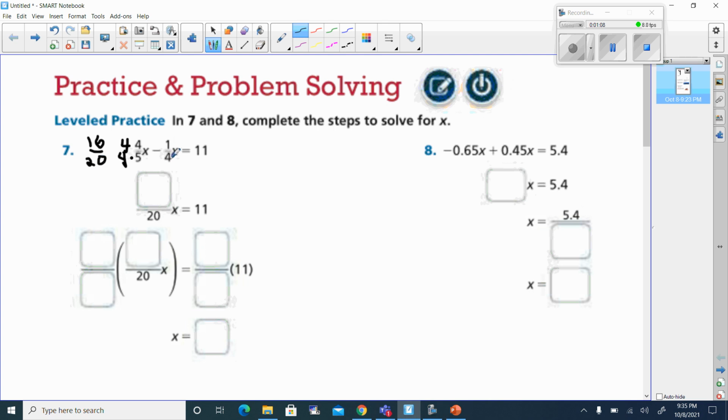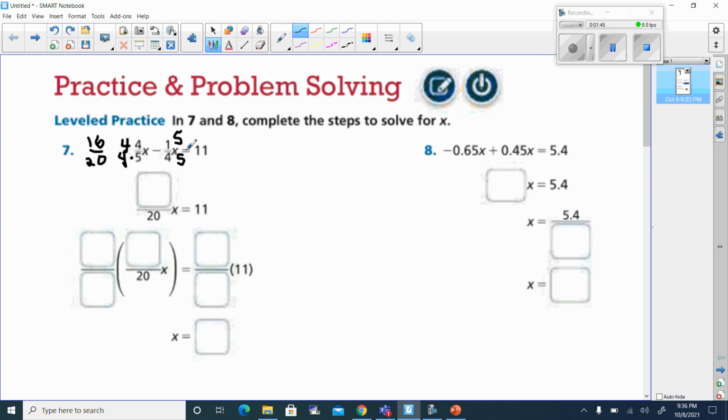And then if I multiplied 4 times 5 to get 20, I would have had to multiply 1 times 5 as well. I'm going to rewrite this over here.